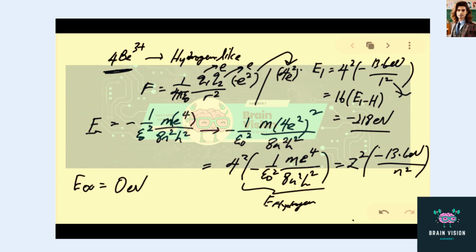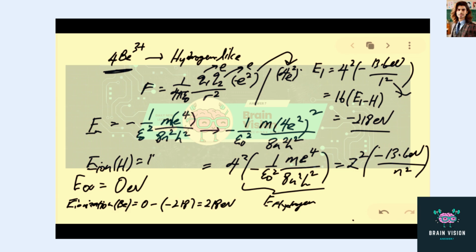So the ionization energy for beryllium is just 0 minus negative 218, from the ground state, which gives us 218 eV. Compared to hydrogen, the ionization energy for hydrogen is 13.6 eV. So this is actually 16 times.